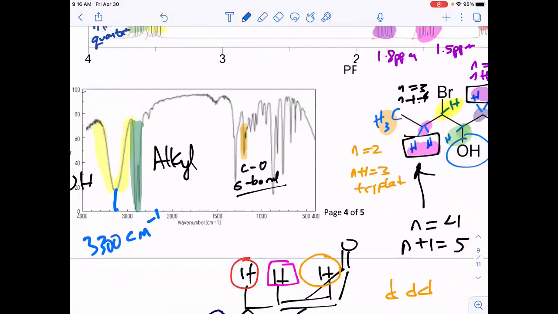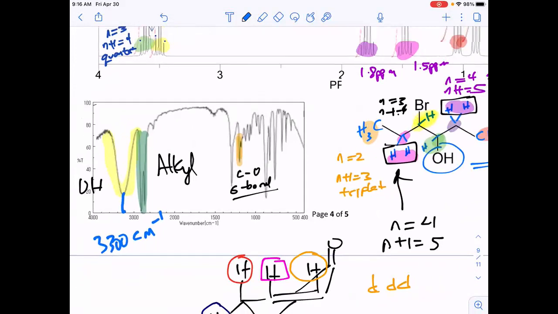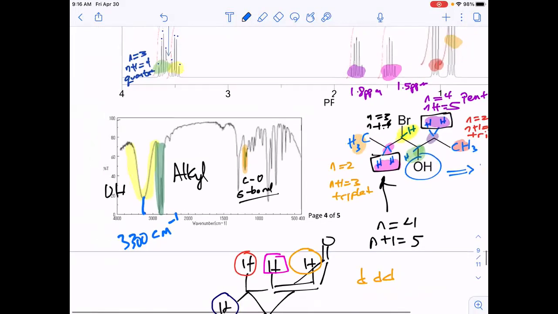For this molecule, you've got an alcohol present. That OH bond is stretching, and that gives us this broad stretch that's highlighted in yellow. And then you also have a long alkyl chain, so you're going to have a lot of alkyl stretching, and that's a really strong stretch. Those are the carbon-hydrogen bonds, again like a spring between two balls, and those two atoms are pulling apart from each other, stretching back and forth.